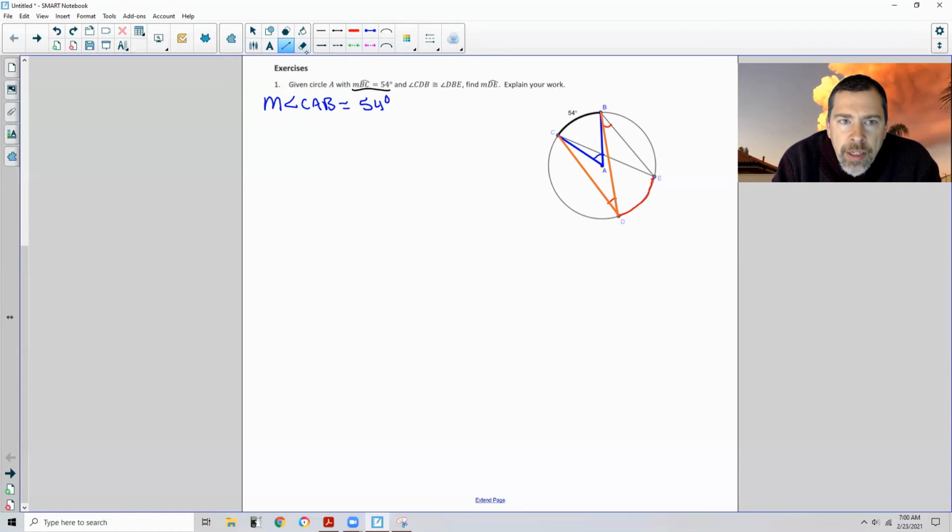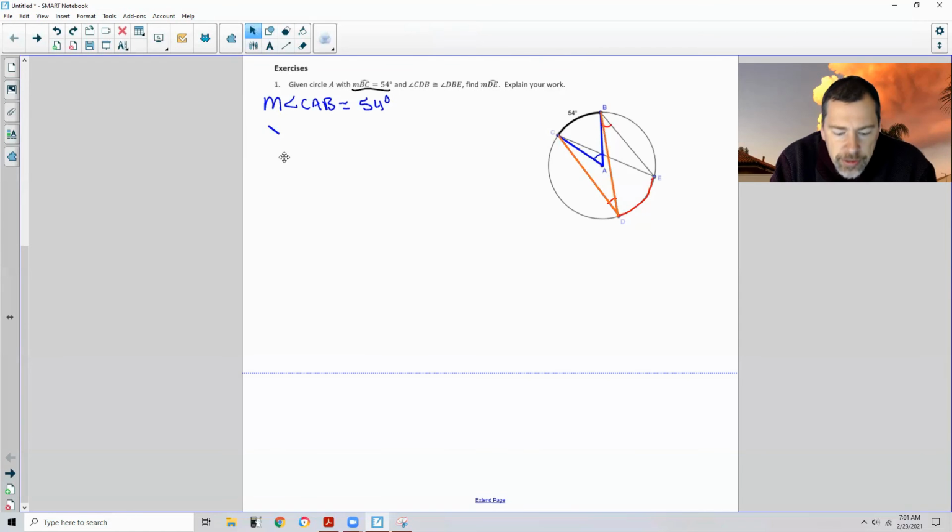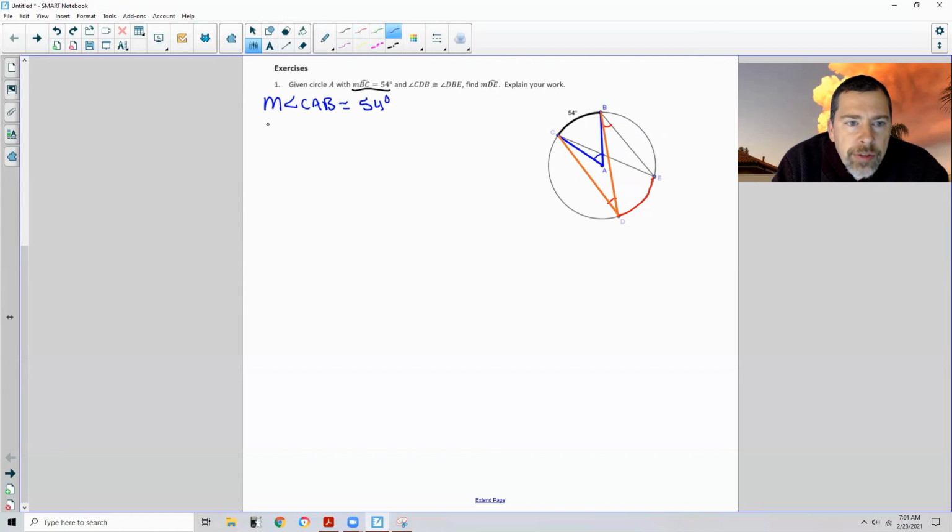So then I will say, let's switch back to blue, the measure of angle CDB, which equals, as it's given here, the measure of angle DBE, equals 1/2 this intercepted arc.